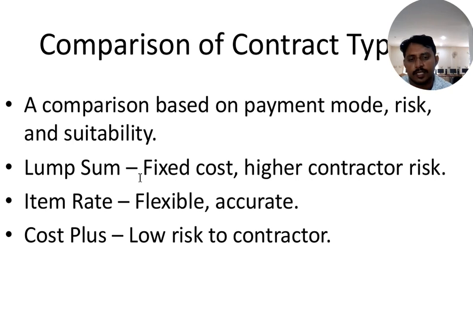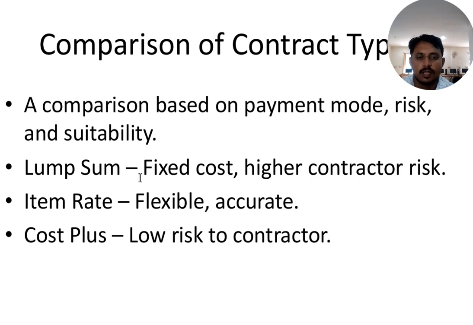If you take a lump sum contract, it is a fixed cost with higher contractor risk. In a lump sum contract, it is a fixed price. The contractor agrees to a certain rate given by the owner, and based upon that only, the entire work is completed from start to end. Why is it only the contractor's risk?